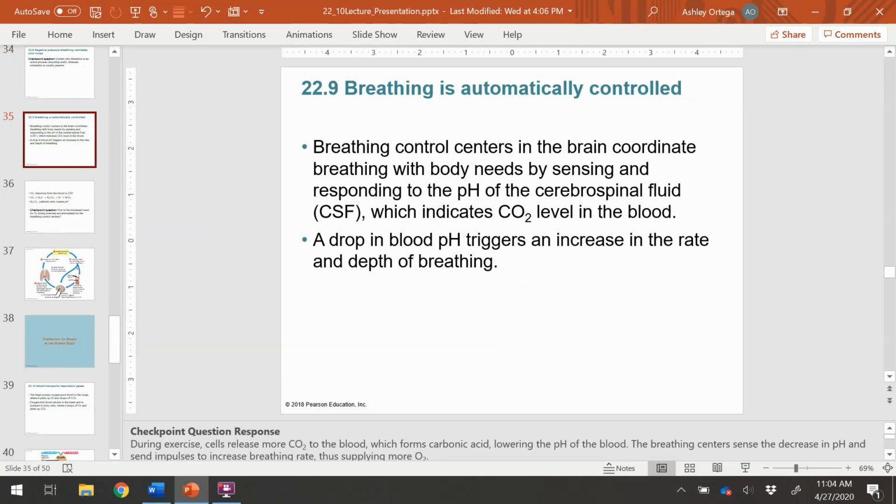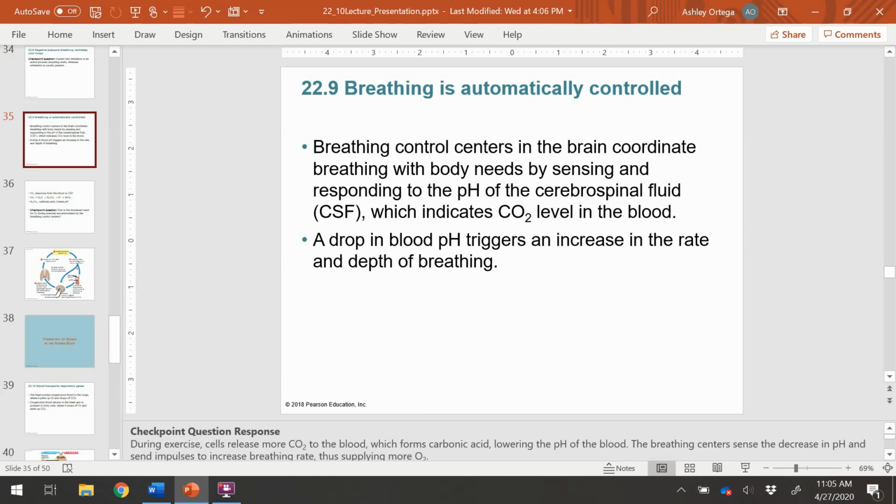Now that we understand how the breathing occurs in the lungs, we're going to see how it's controlled. Controlling breathing is in the brain. It's done by sensing and responding to the pH of the cerebral spinal fluid, or CSF for short.